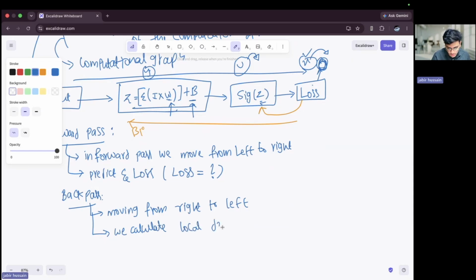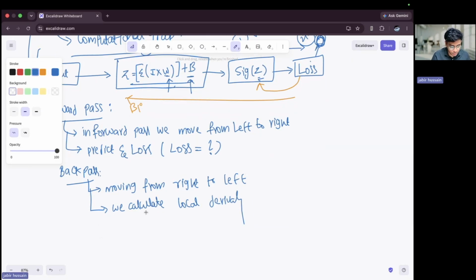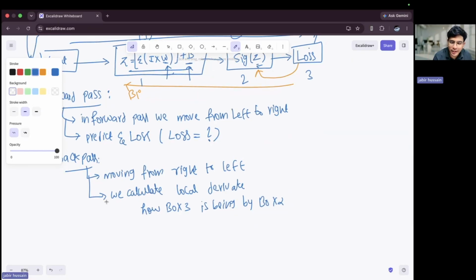Local derivatives means, let's say box 1, box 2, box 3, we calculate how box 3 is being affected by box 2. We calculate that and put it aside. Then again calculate how box 2 is being affected by box 1. Calculate it, put it aside.